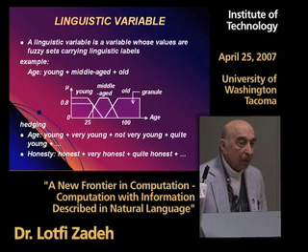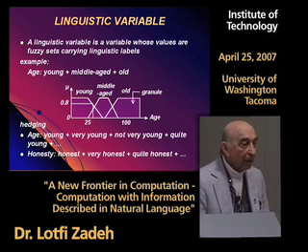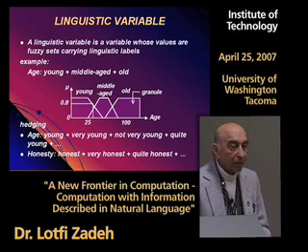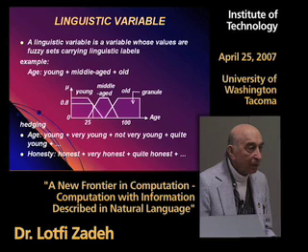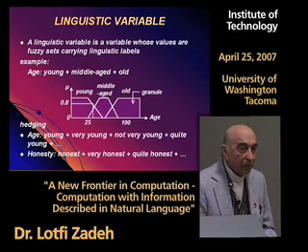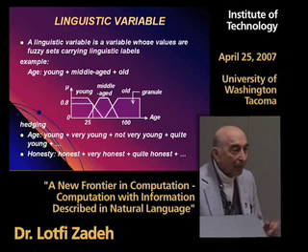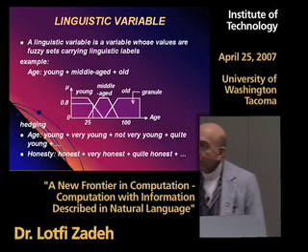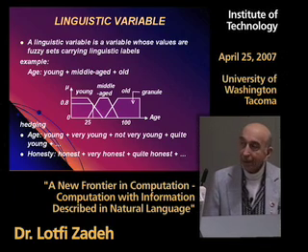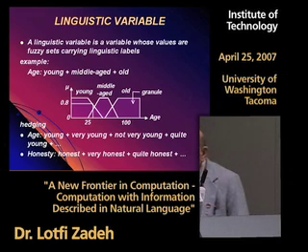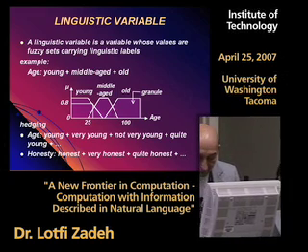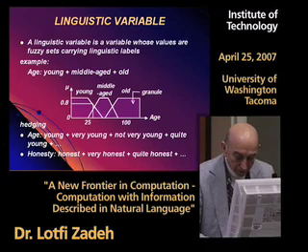That's what people use. So instead of using a conventional measurement system, 1 meter, 2 meters, 3 meters, and so forth, you use these basic or primary terms, and then you modify them, very young and so forth. So this is the concept of a linguistic variable in brief.